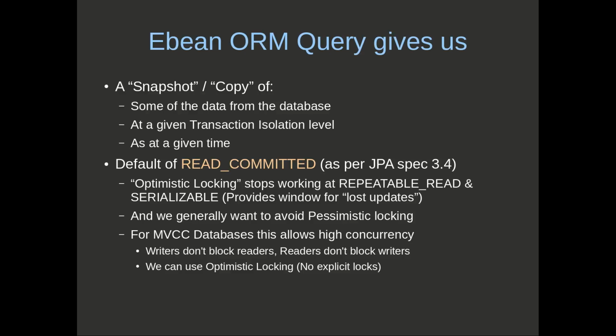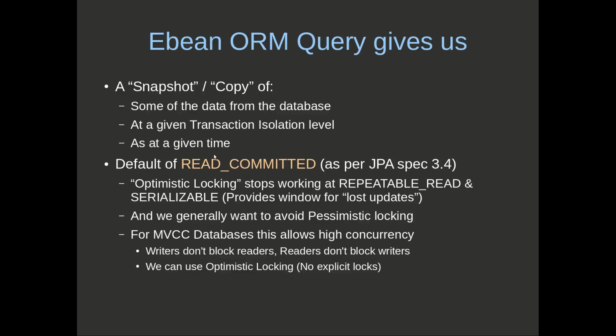So that 10 seconds is now a window where we can get the lost update anomaly occurring. So we have this sort of issue with the higher isolation levels. We can't use optimistic locking safely. And that means that we have to tend towards using pessimistic locking, and actually the application doing explicit locks. And when we add locks, of course, we're reducing the amount of concurrent throughput we can do.